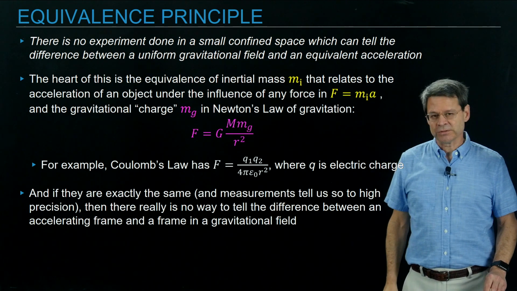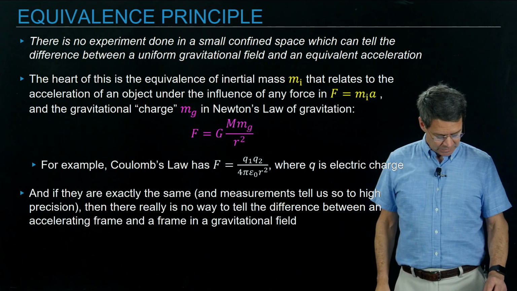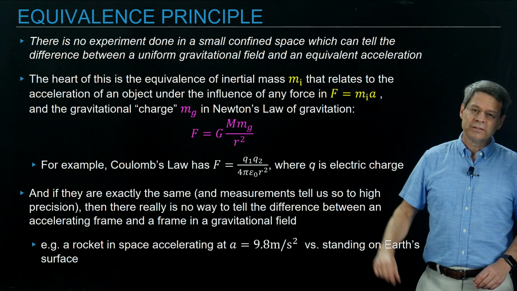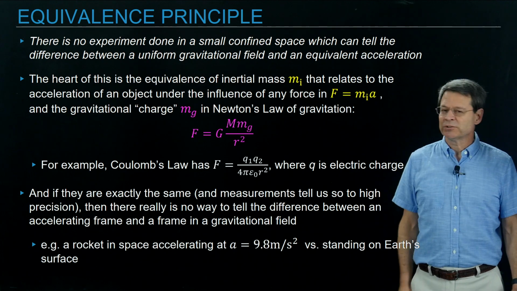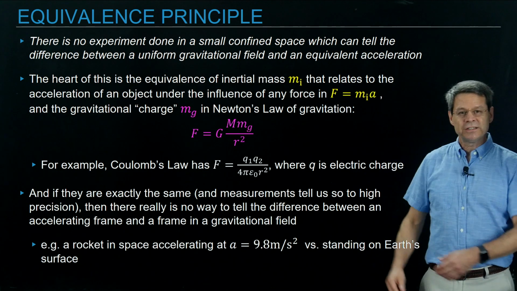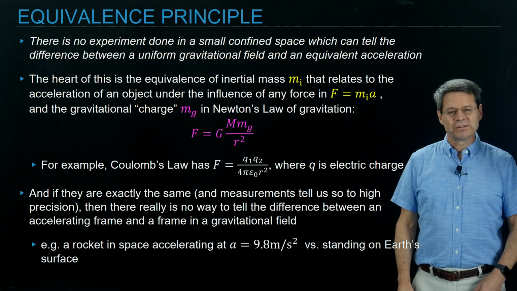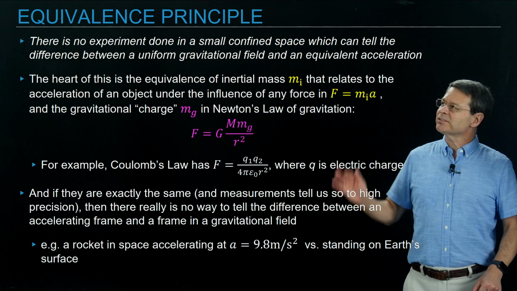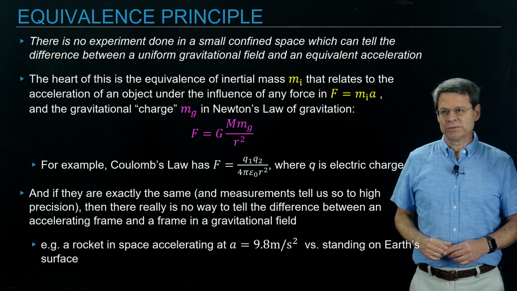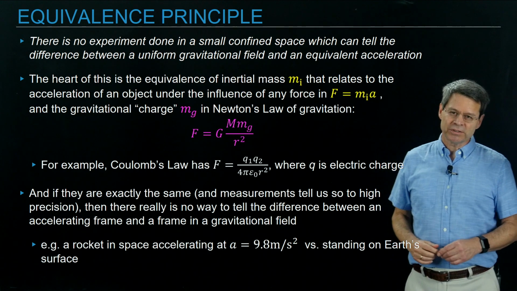We can't tell the difference. It's the same mass. So whether you're in a rocket in empty space accelerating at 9.8 meters per second squared, or you're standing here on the Earth where the acceleration due to gravity is 9.8 meters per second squared, you can't tell the difference. That's the heart of the equivalence principle. And that has some profound implications.